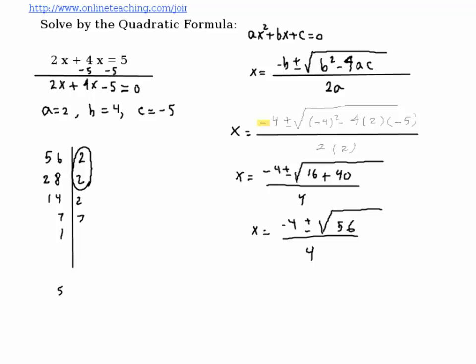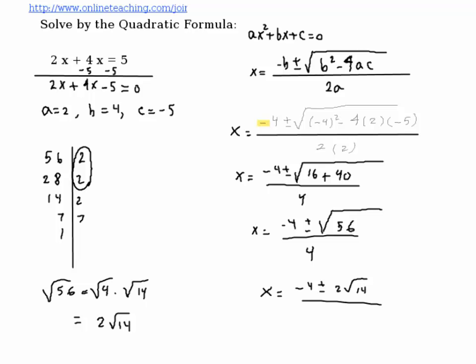So 56 is equal to 4 times 14. So the square root of that would be the square root of 4 times the square root of 14, which is 2 radical 14. So if I replace that, x would be equal to minus 4 plus or minus 2 radical 14 over 4.